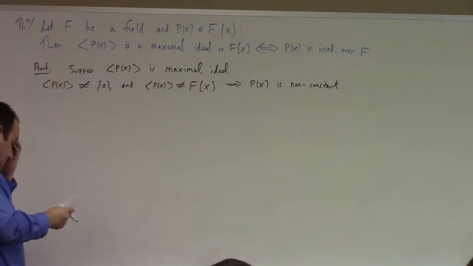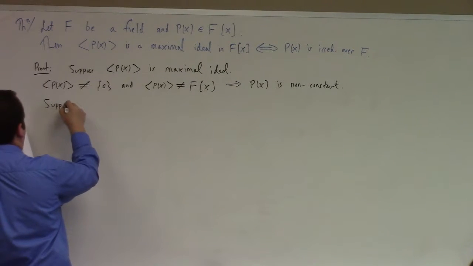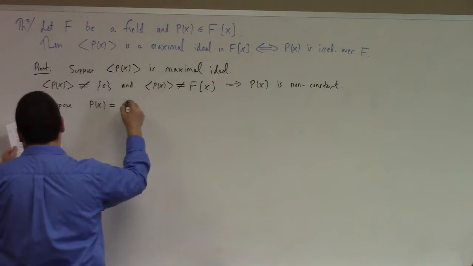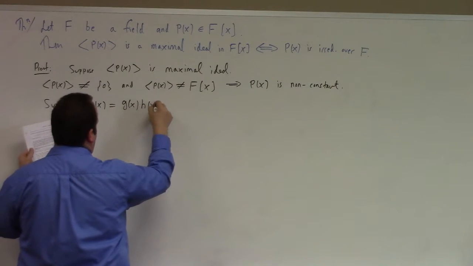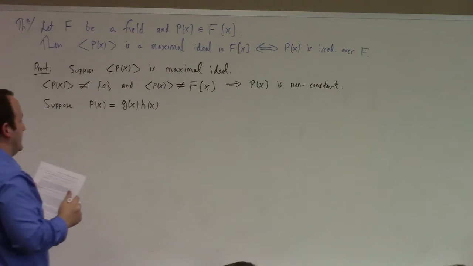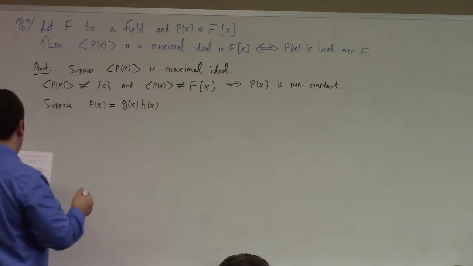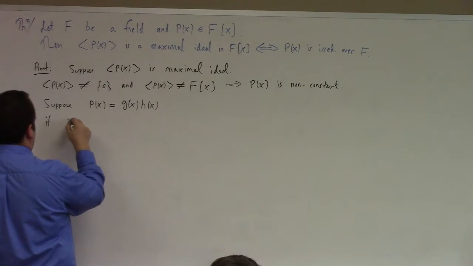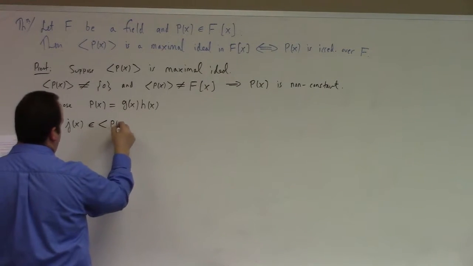So suppose that p of x was equal to g of x times h of x. All right? Suppose that's a factorization of p. Then if j of x is an element of the ideal generated by p of x, what's that say?